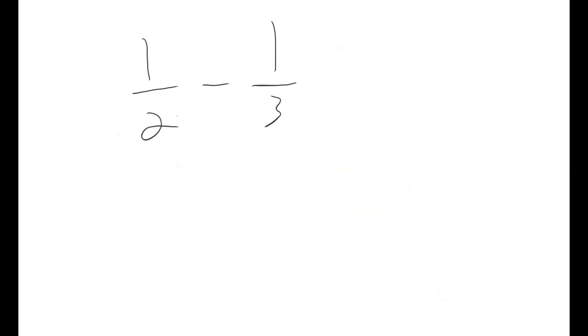So I multiply the bottom by 3, and what I do to the bottom, I have to do to the top, which gives me 3/6. To get the other one to be a 6, I multiply by 2, and what I do to the bottom, I do to the top, which gives me 2/6.